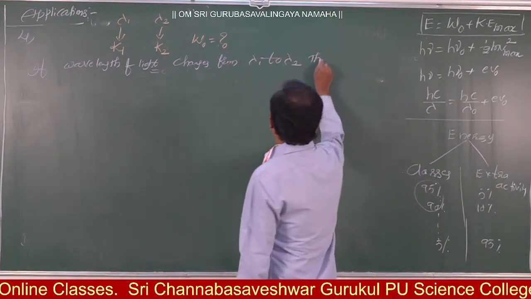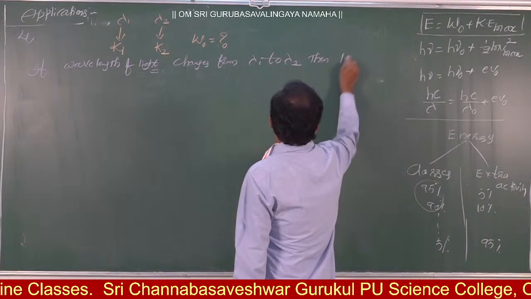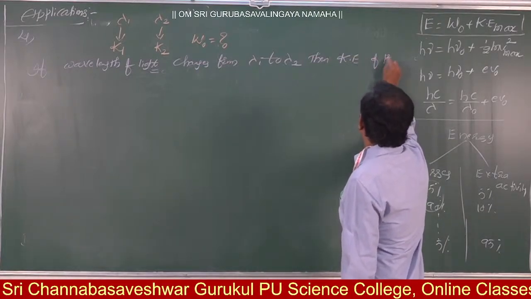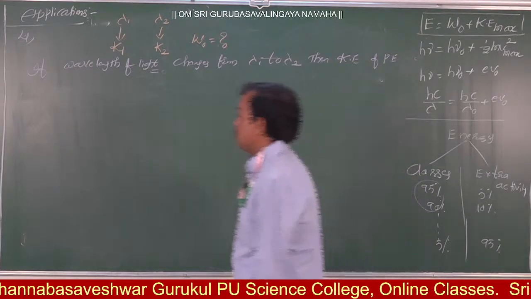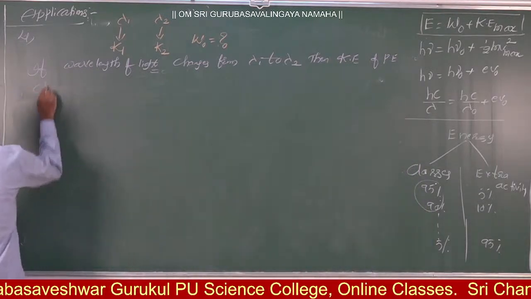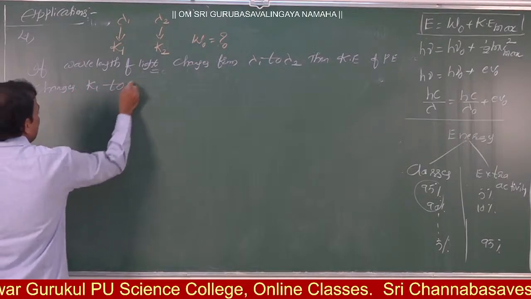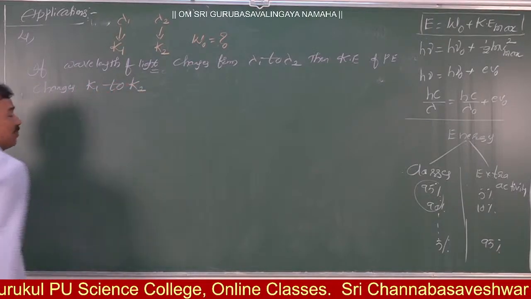Then the kinetic energy of photoelectrons changes from K1 to K2.